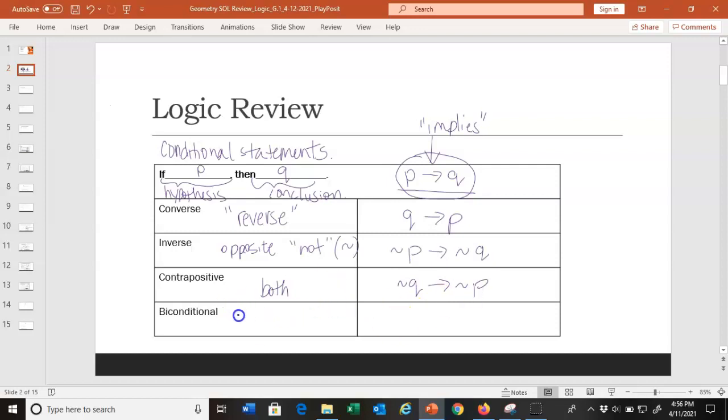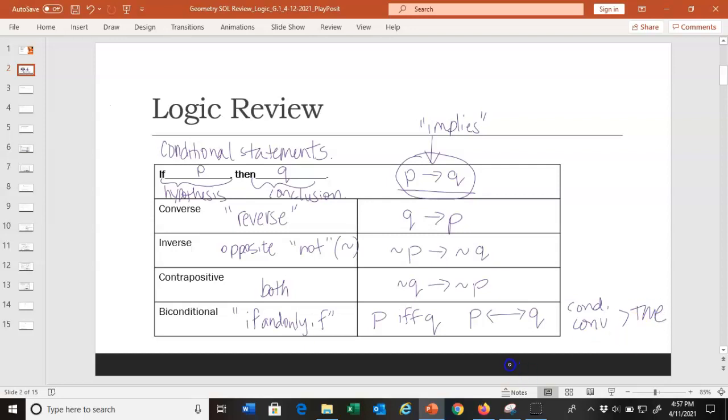And lastly, we have the biconditional. So the biconditional oftentimes is the if and only if. I say oftentimes, but all the time. What I meant by oftentimes is you'll see it written like this: P if and only if Q, or P double arrow Q. You can only write the biconditional if the conditional and the converse are true.